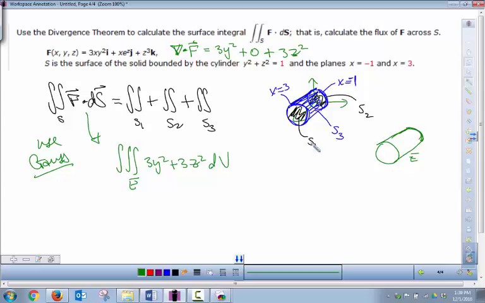Now, since this is a cylinder that's moving along the x, it makes a nice shadow on the YZ plane. And this is a cylinder radius 1.